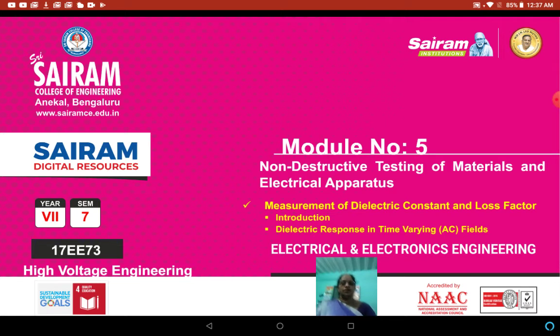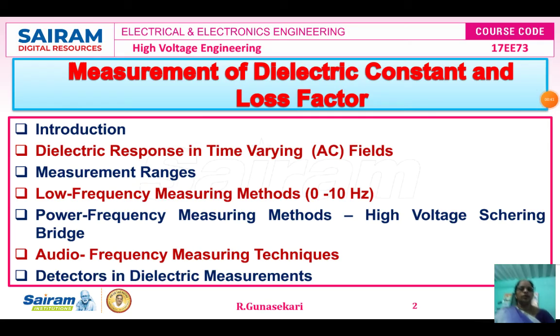Under measurement of dielectric constant and loss factor, we study the introduction and the dielectric response in time varying alternating current fields. The topic is subdivided into introduction, dielectric response in time varying AC field, measurement ranges, low frequency measuring methods, that is 0 to 10 Hz, and power frequency measuring methods.